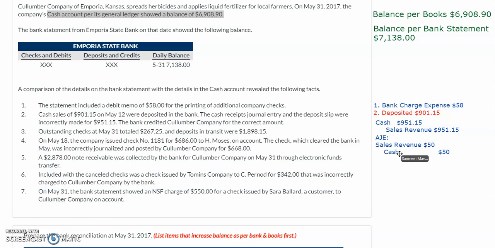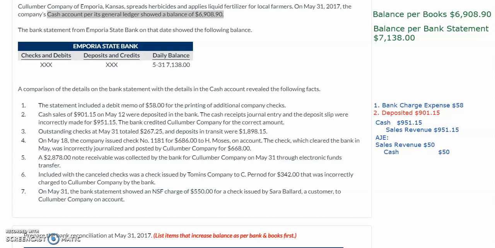So number 3, we have outstanding checks at May 31st that totaled $267.25 and deposits in transit of $1,898. So both of these items, the deposits in transit and the outstanding checks, they affect part 1 of our reconciliation.